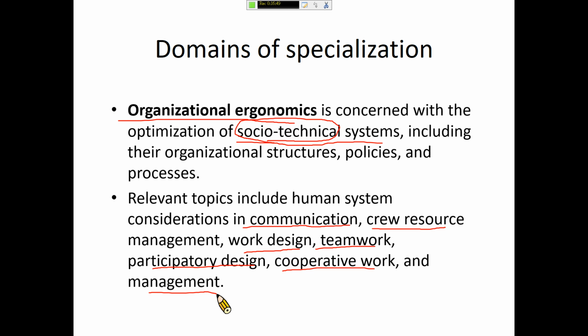If you look at crew resource management, what is crew resource management? CRM. Whenever you have a situation where a group of people have to work together to complete a very critical task.